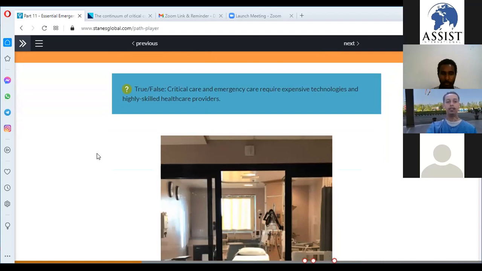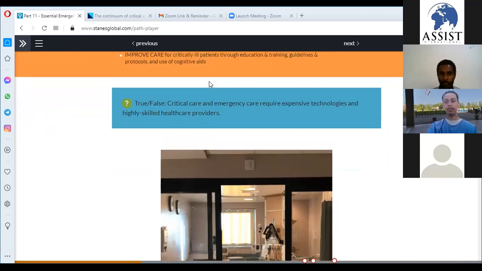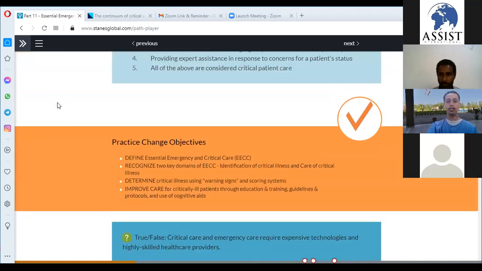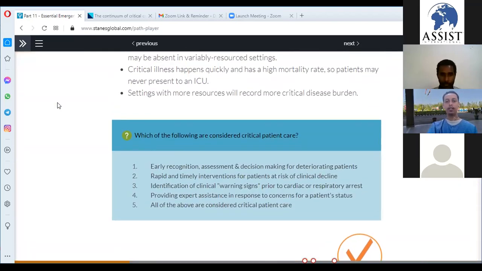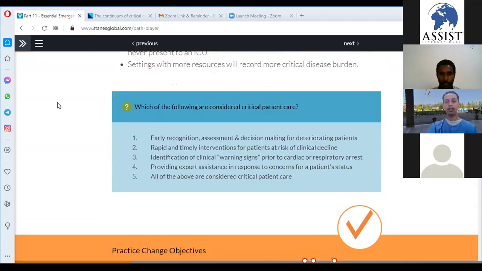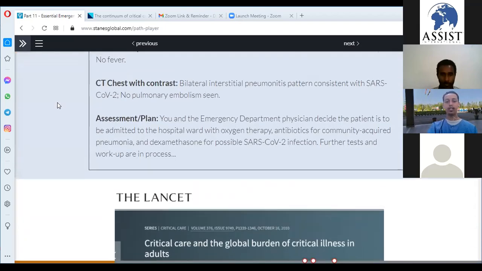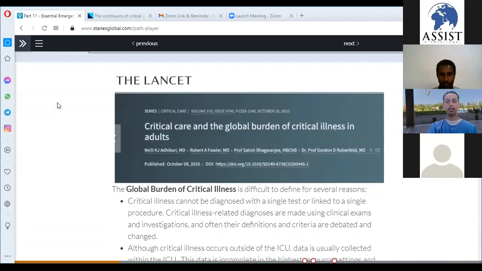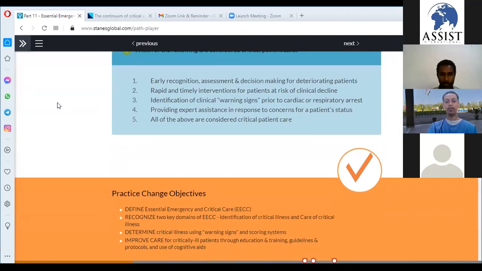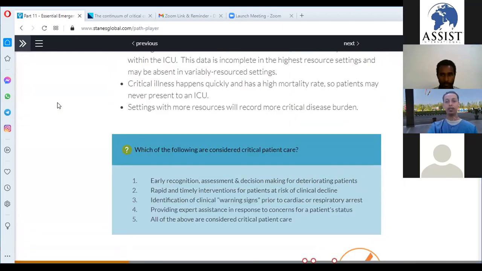Yes, Dr. Hussein. Maybe before proceeding to this question, we have almost finished the first part of our session. It's about acute care, critical care, and intensive care. We want to make sure our participants understand the difference and similarity between these three: acute care, critical care, and intensive care.